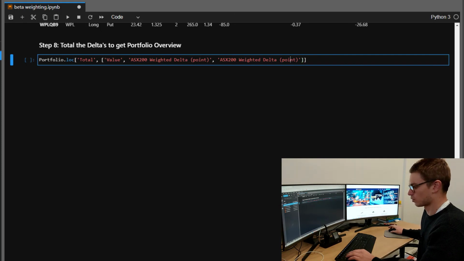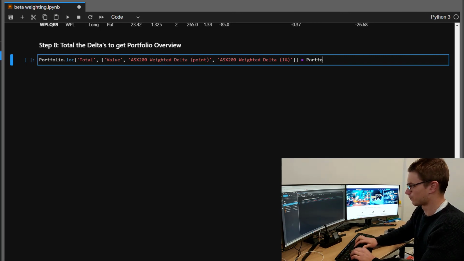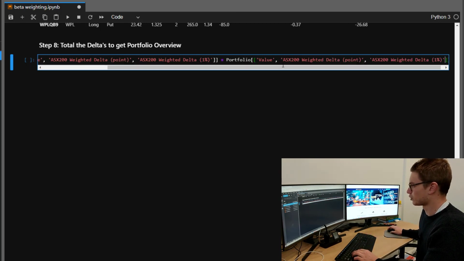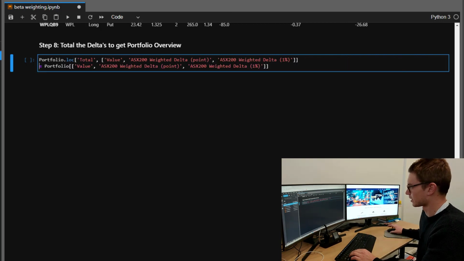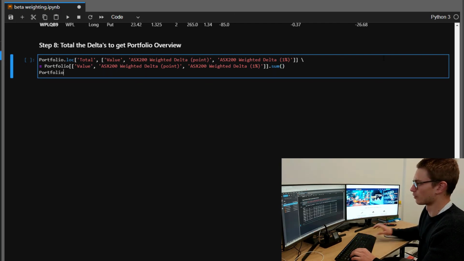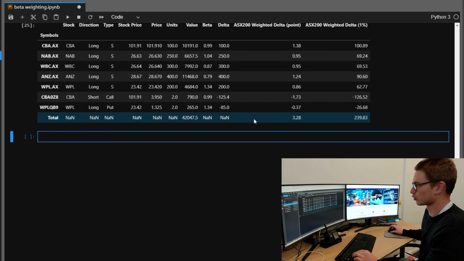We want to sum up all of these columns, and we're going to make that equal to portfolio value ASX weighted delta point and ASX weighted delta 1%. I just have to go sum. All we're doing is creating a final row where we can see the totals of these positions.